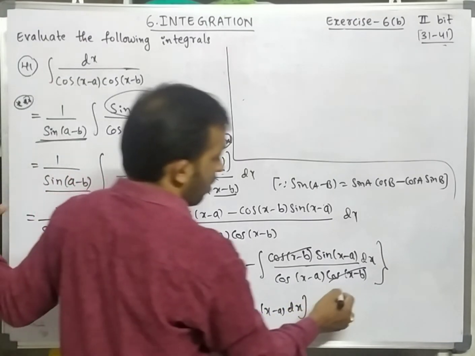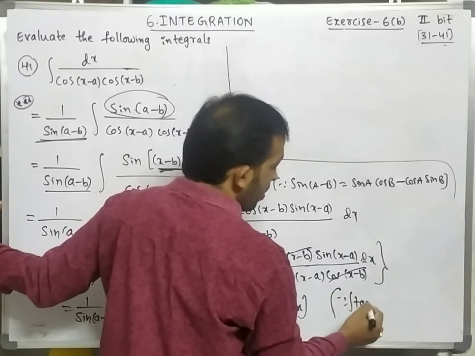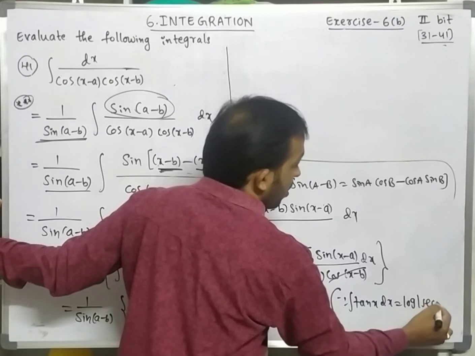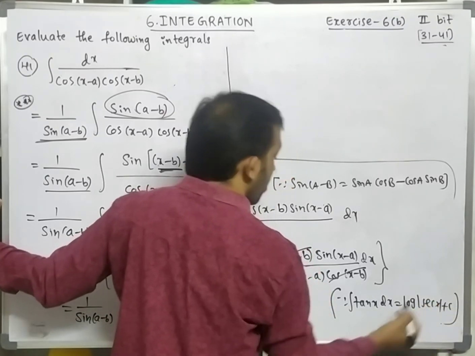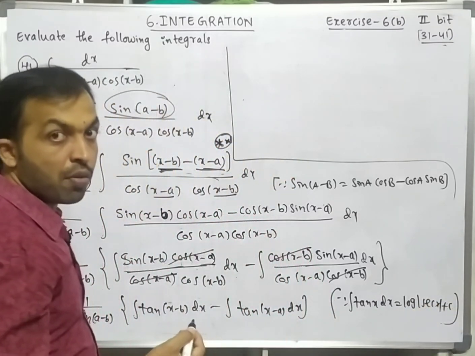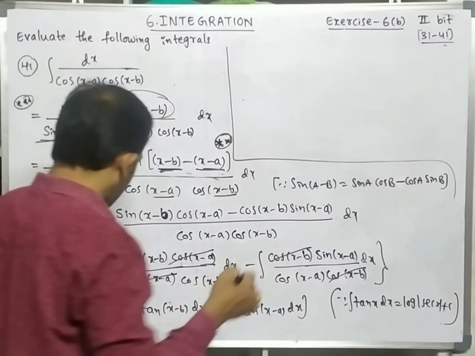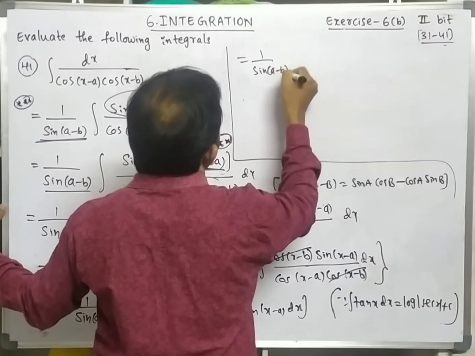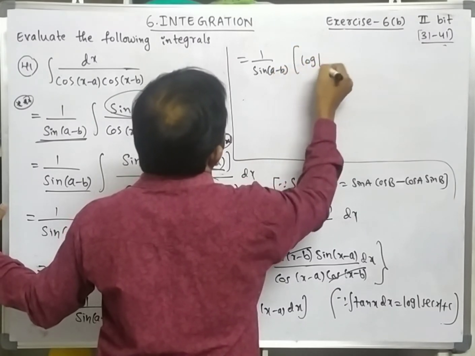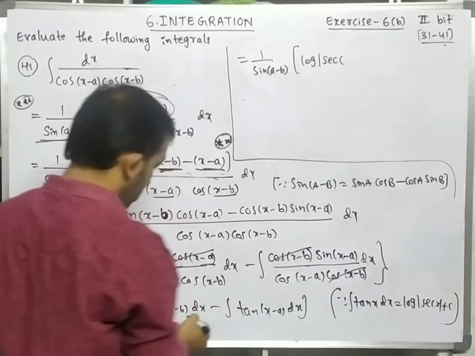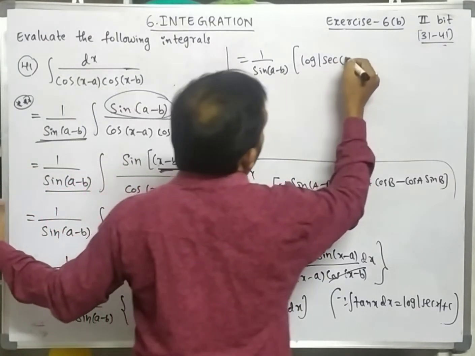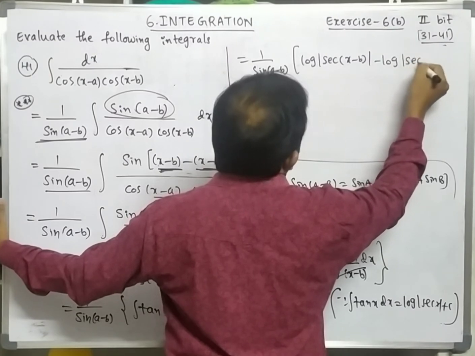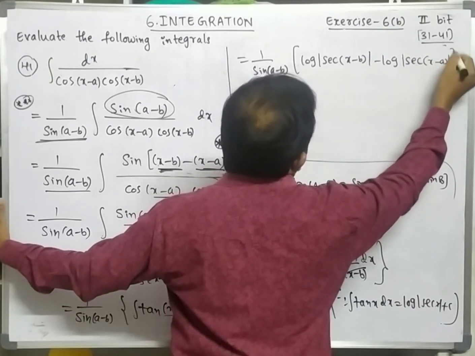Integration tan x formula is log mod sec x plus c, or minus log mod cos x. So it is equal to 1 by sine of a minus b into log mod secant of x minus b minus log mod secant of x minus a plus c.